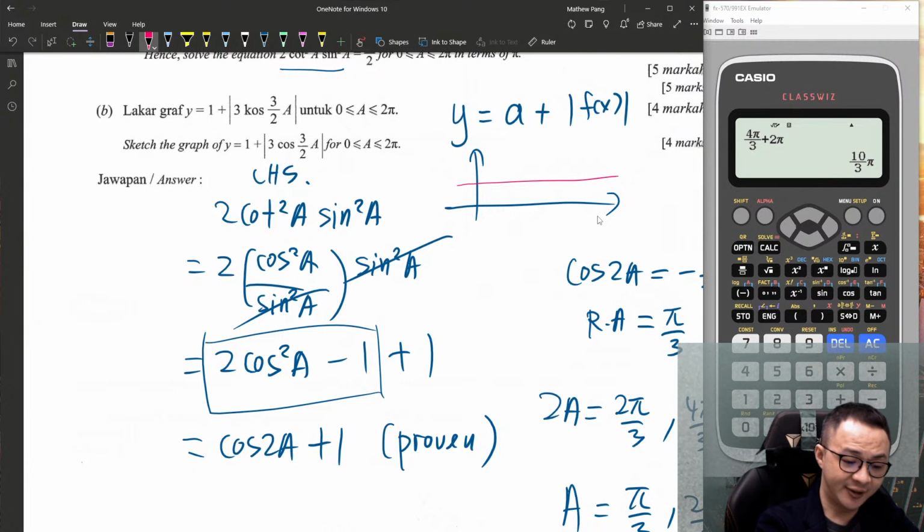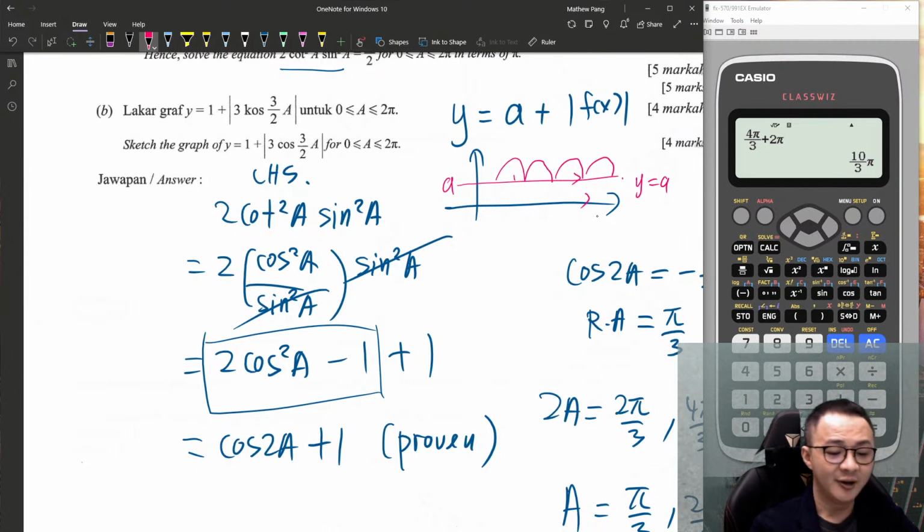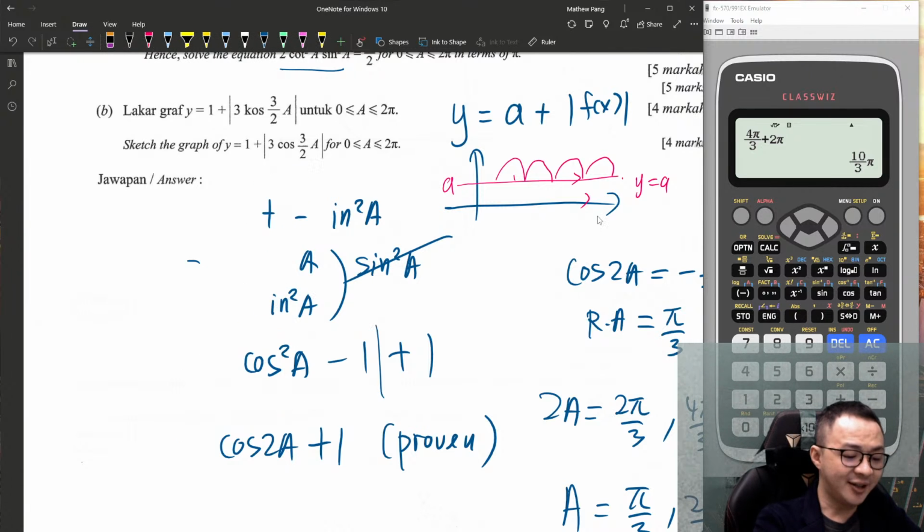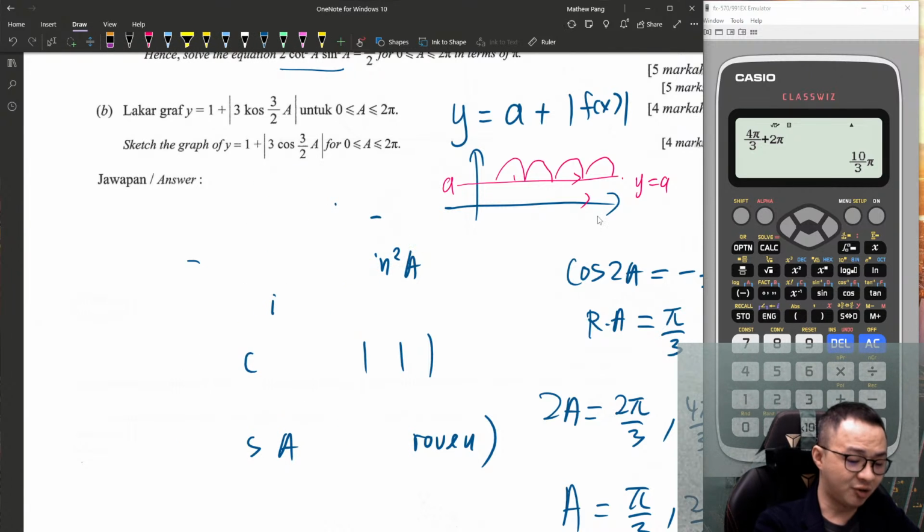This line is at the A value, or you can say y equals A, parallel to the x-axis, and then you start drawing your graph above A. In this case it is cos, right? So you start drawing the sine or cos graph above the A. This is what happens. So if you understand this one, let's do this graph together.